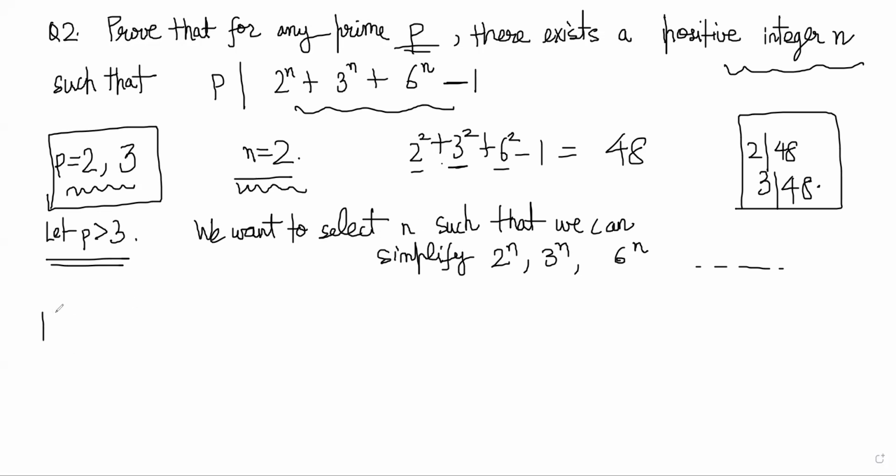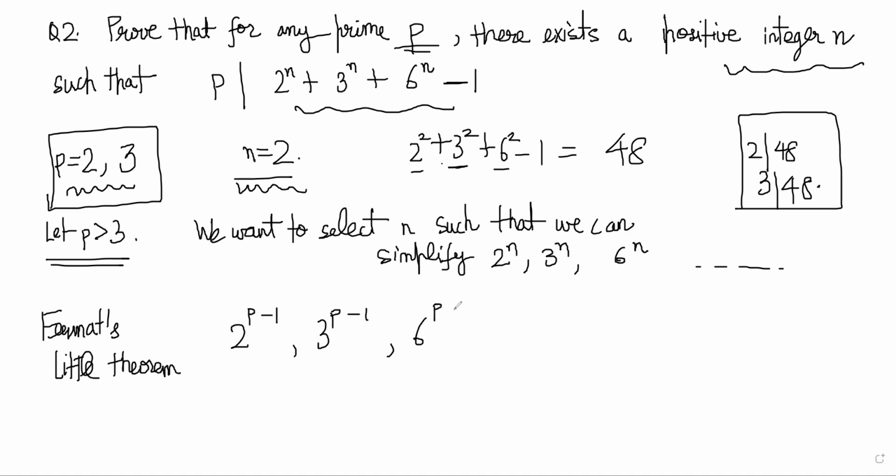Now here is where we use Fermat's little theorem. Fermat's little theorem says that if you have a prime p, then 2 power p minus 1, 3 power p minus 1 and 6 power p minus 1 will be congruent to 1 mod p, right?